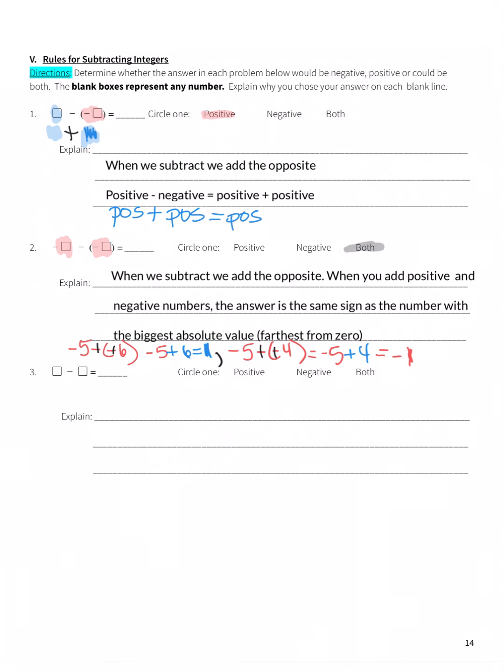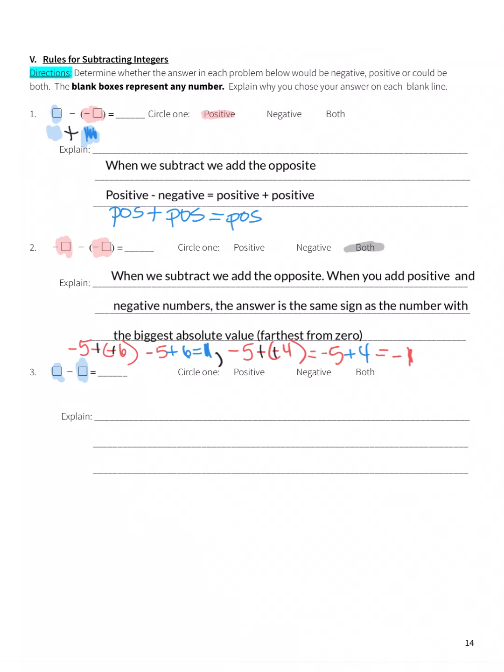So here we have this square represents any positive number minus any positive number. So if we are any positive number minus any other positive number, you got to think, is your answer only positive, only negative, or could it be both?